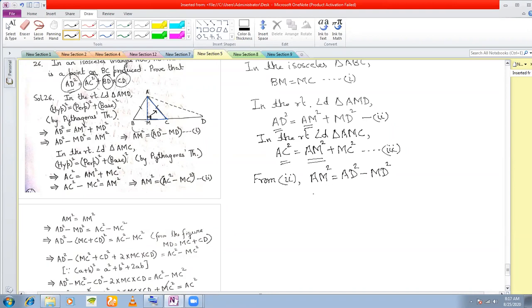Or you can subtract the two also. Remember, last day I told you that if you don't want a particular side, and the two equations have that side, then you can subtract the two equations and get rid of the common side. Either you can do this, or you can subtract 2 and 3 also to get rid of AM square. So from 2 we get this.